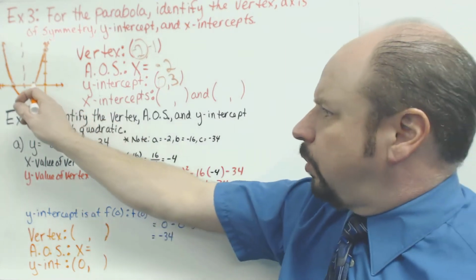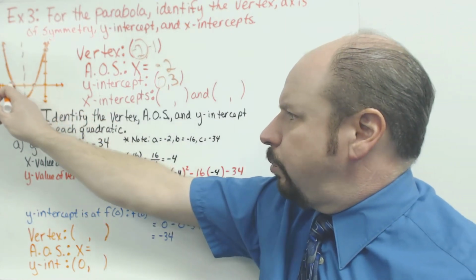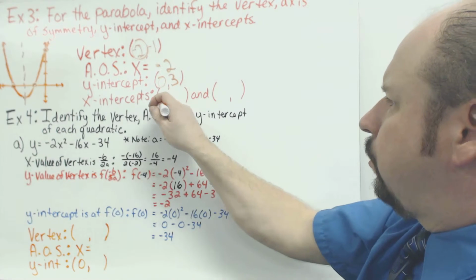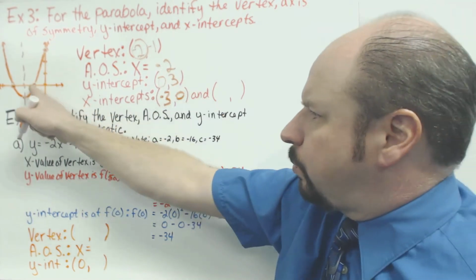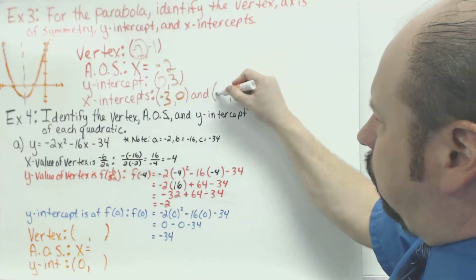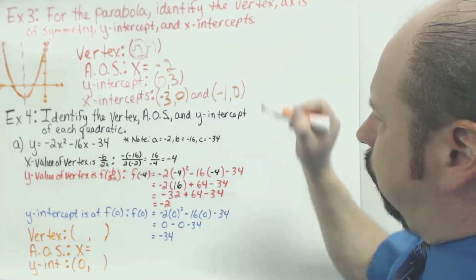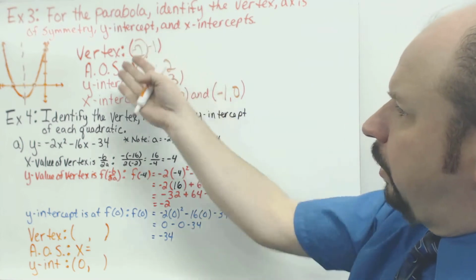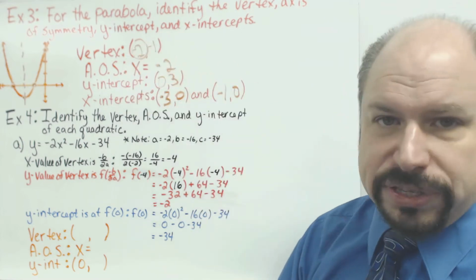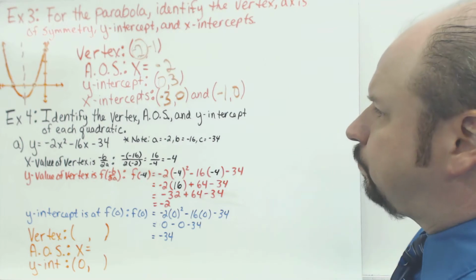This one is at -1, -2, -3. So (-3, 0). And this one is at (-1, 0).